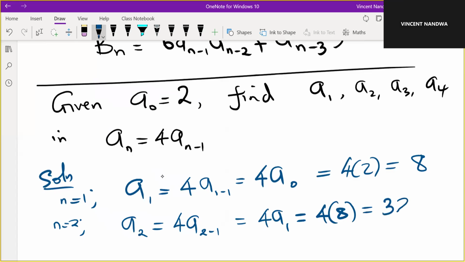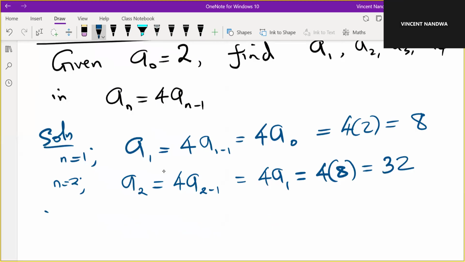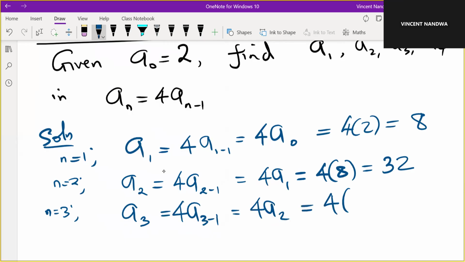32, correct. And then when n is 3, we have a_3 will be 4 a_{3-1}, which is 4 a_2. And the value of a_2 is 32. So 32 times 4 is 128. And then when n is 4, we have a_4 will be 4 a_{4-1}, where there's n you put 4.